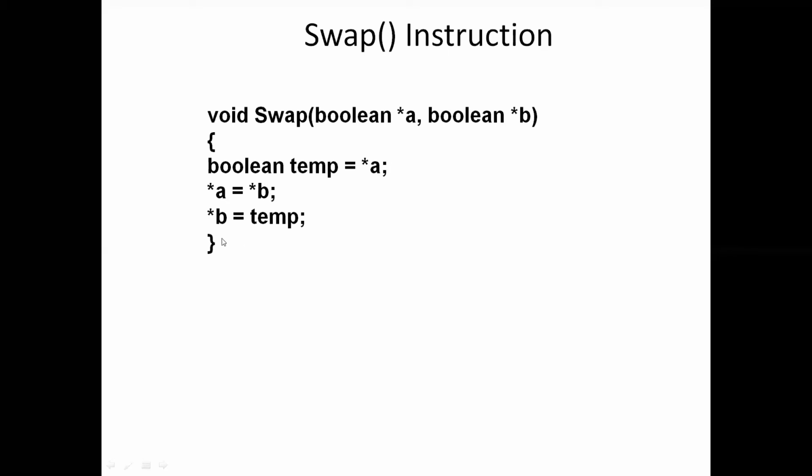Now we are doing another assignment statement, that is *b equal to temp. Temp is having true, so true we are assigning to b. We are just performing a simple swap operation here. Understood, right? Swap is a void instruction, and it has arguments of boolean type, that is true or false.